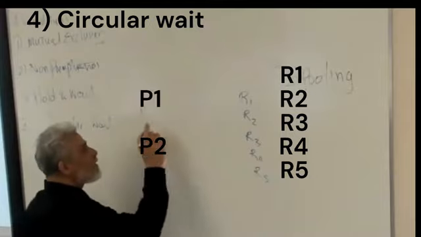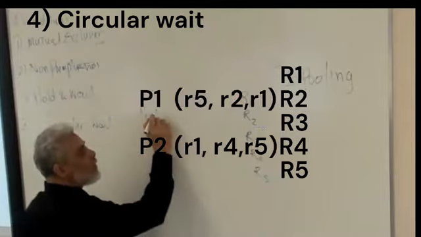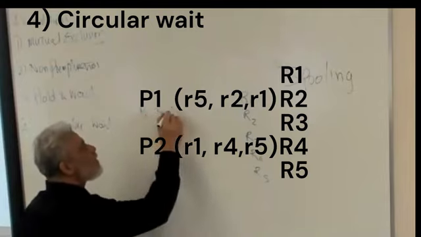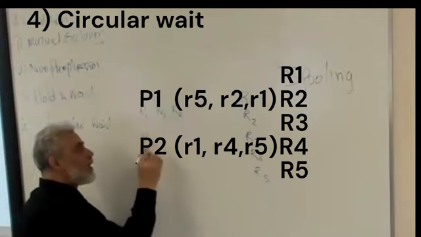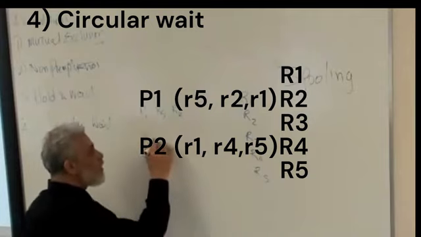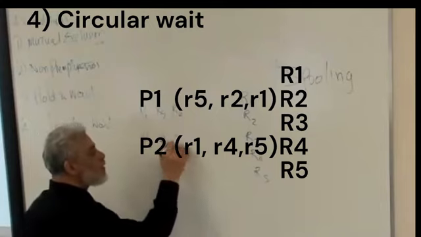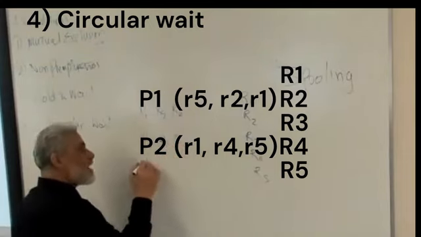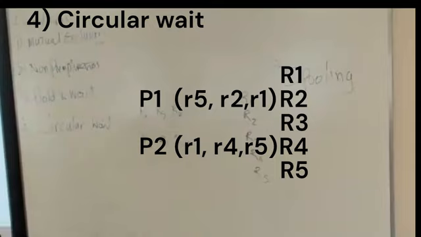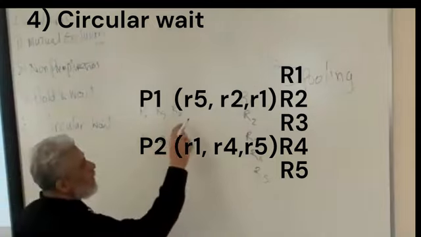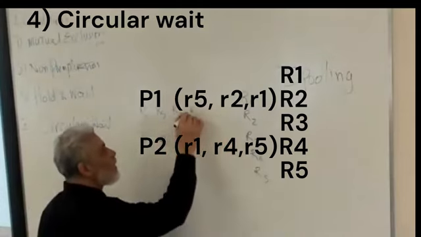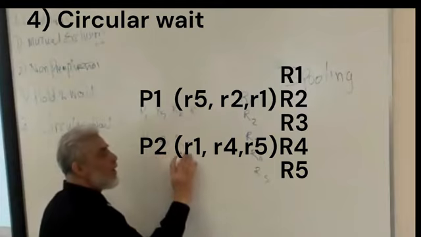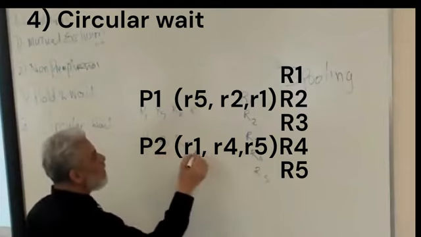Process 1 needs resource 5 and resource 2. Process 2 needs resource 1 and resource 4, and so on. But if they need the same resources, let's say this one also needs 5, 2, and 1, and this one needs resources 1, 4, and 5.